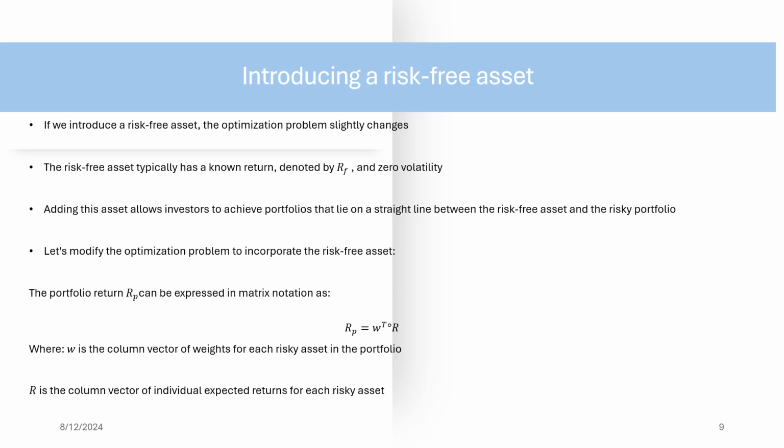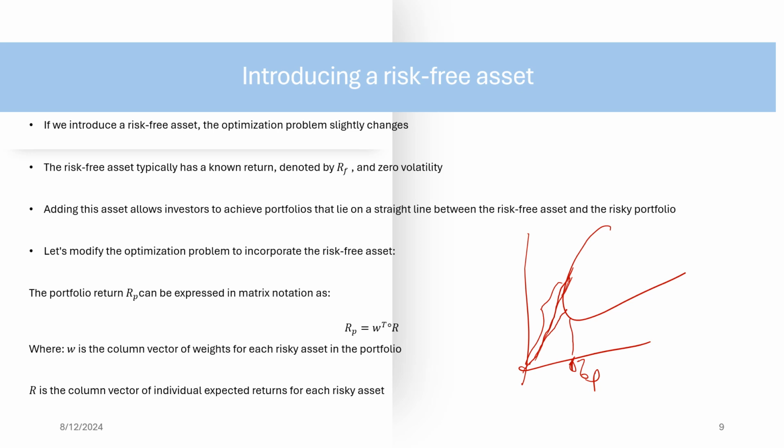So adding this asset allows the investor to achieve portfolios that lie on a straight line between the risk-free rate and the risky portfolio. Remember we said our efficient frontier would be like this. So that straight line might be something like this, which will meet this one at the tangent, so that everything below this point, let's say where this was maybe zero, everything lying in this region is due to the introduction of a risk-free asset.